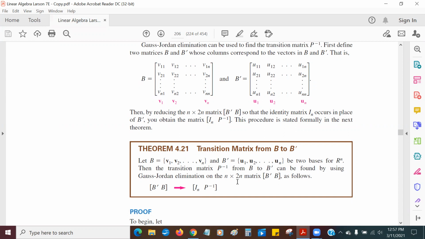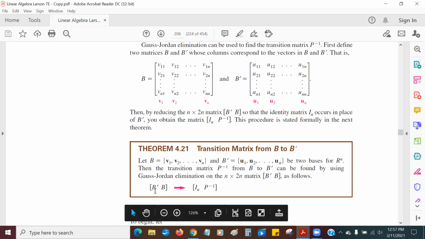That's when you have these double side-by-side matrices, B prime comma B, as follows. You attach the two matrices, B prime on the left, B on the right, and then you do your Gauss-Jordan elimination until the left side looks like the identity matrix. What's on the right side is going to wind up being P inverse.